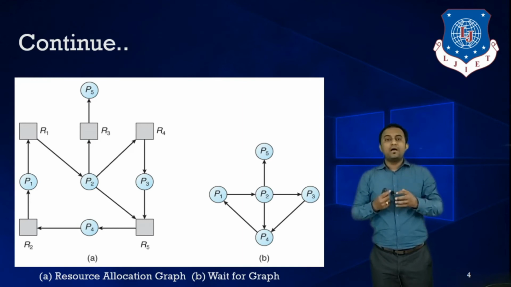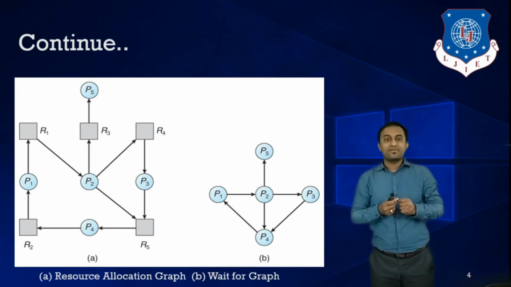If I want to know whether a deadlock is present or not, then as we have discussed, the necessary conditions of deadlock are mutual exclusion, hold and wait, no preemption and circular wait. So a closed loop, or a cycle, needs to be formed, and then we can know whether the deadlock is present or not.